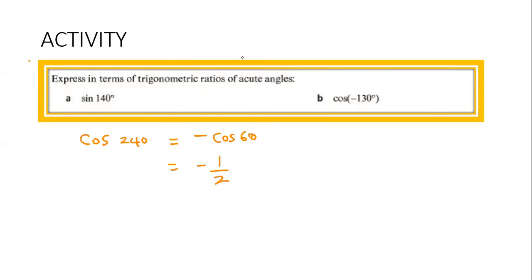Members, let me know through the chat whether we have understood and we are good to continue. Yes, Claire? Teacher, yes, please. You say that cos of negative 50 is not equal to negative cos of 50.